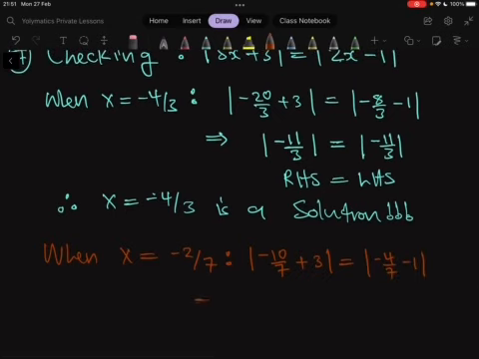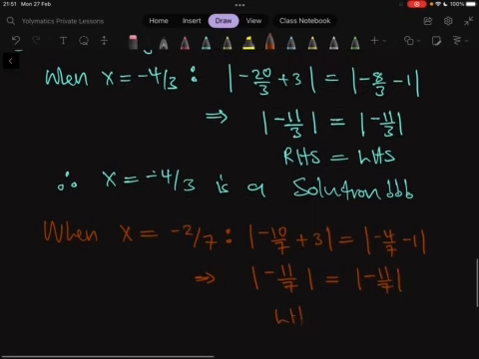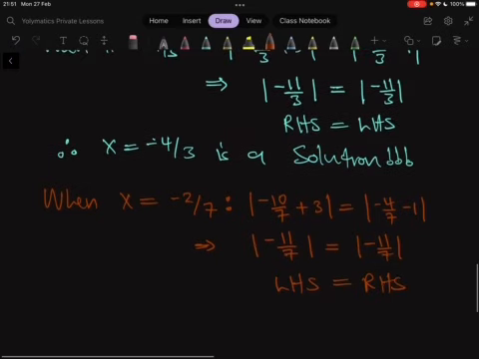So what happens now? We have 21 minus 10, which gives us 11. So we say negative 11/7 equals, again, we get negative 11/7. So we see now that the left hand side is equal to the right hand side. So therefore, x equals negative 2/7 is also a solution.